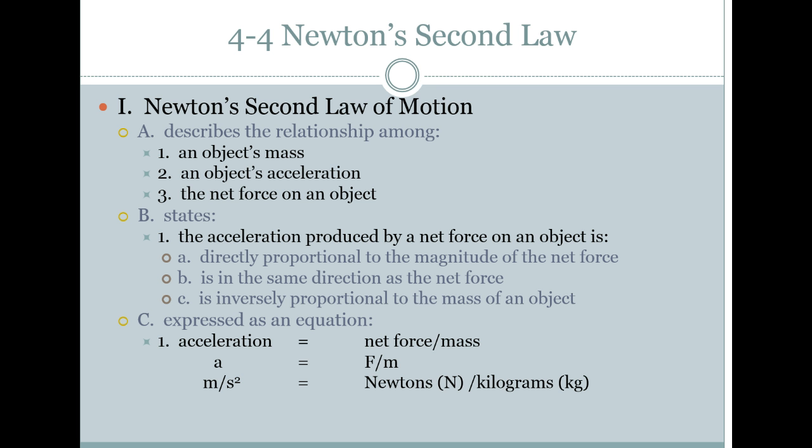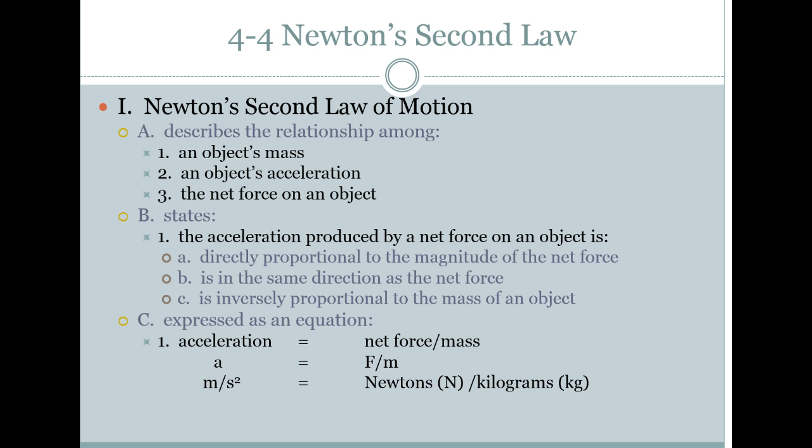Newton's second law states that the acceleration produced by a net force on an object is directly proportional to the magnitude of the net force, is in the same direction as the net force, and is inversely proportional to the mass of the object. This relationship can be written as an equation.